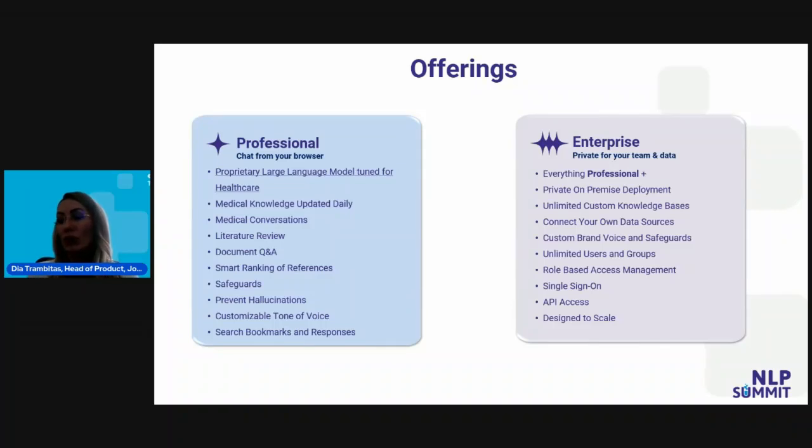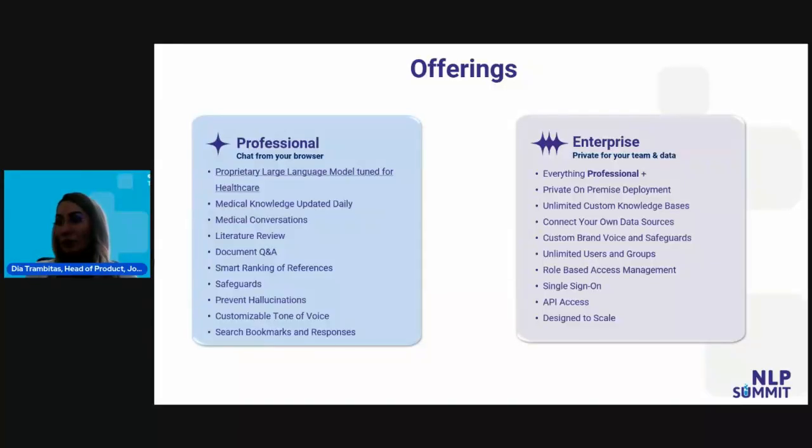It also allows users to adapt the communicative style to match the desired tone of voice or style of the organization. It allows bookmarking questions and responses, and having a conversation history, so that you can go back to your previous runs of medical research or DocUA or previous conversations.